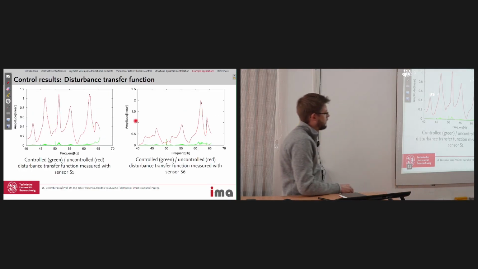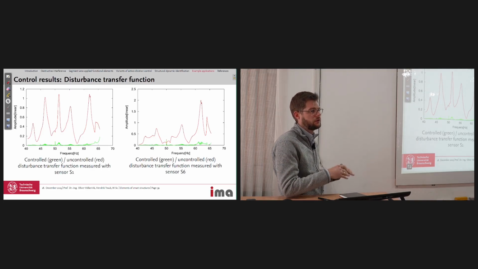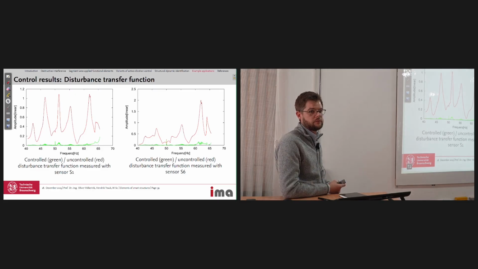Yeah, and I think in real structures, the influence of the higher eigenfrequencies decays, so maybe you have to look at the first 10 eigenmodes to completely or nearly suppress all vibration.